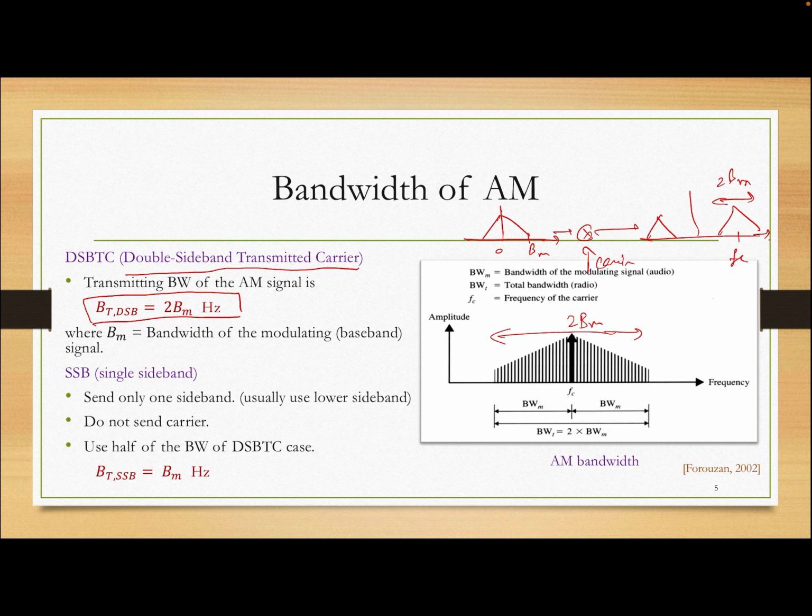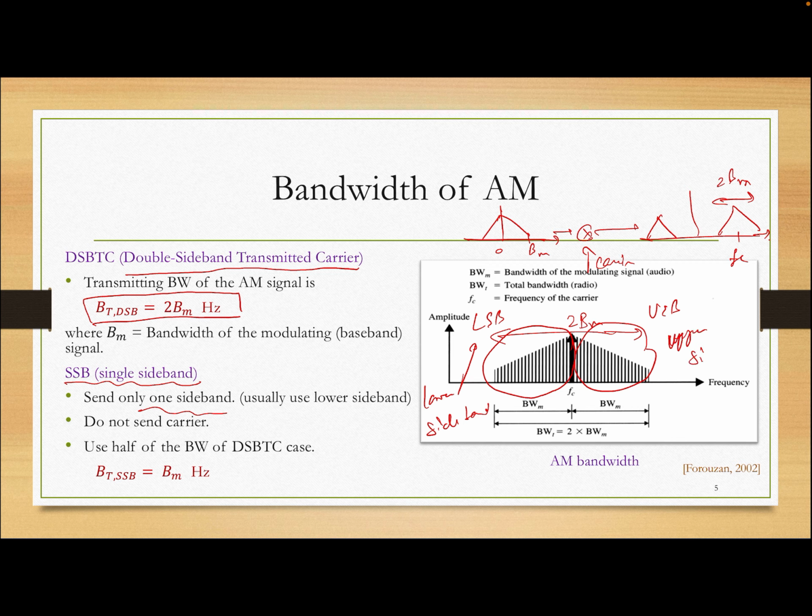In the technical terms of amplitude modulation, we have many cases, and one case is called single sideband, or SSB. In single sideband, we send only one sideband. Usually we send the lower sideband. The sidebands on the left and on the right are mirrors of each other, so they have the same information. So you can send only one sideband, the lower sideband, and this part is the upper sideband.